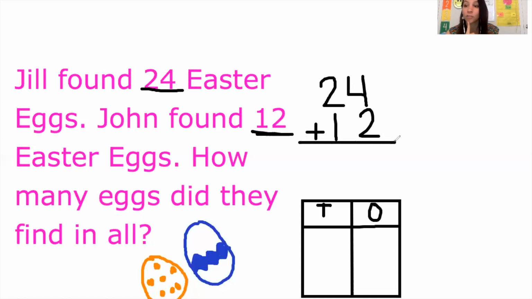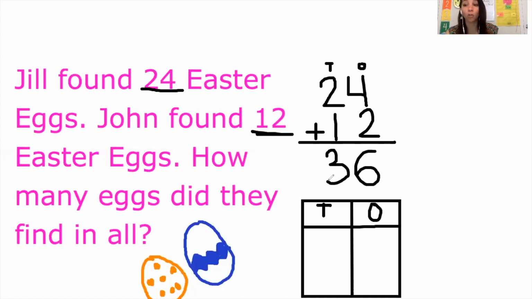Now, here I have double addition, and I remember that when I do double addition, I always start in the one spot. This is the ones, this is the tens. 4 plus 2. 4, 5, 6. 2 plus 1, 2, 3. My answer is 36. They have 36 eggs in all.